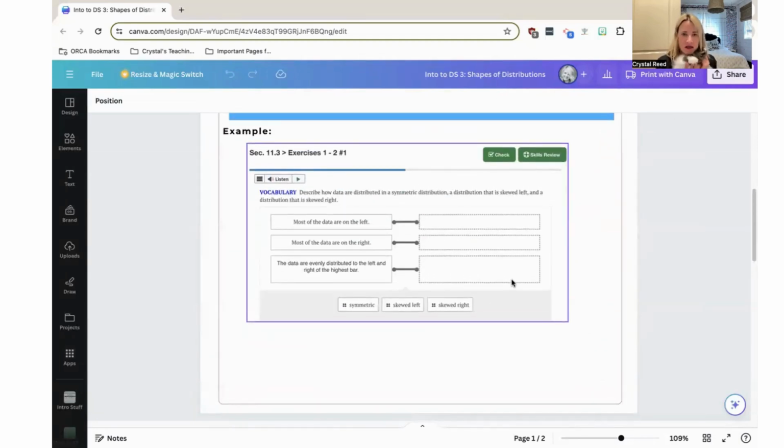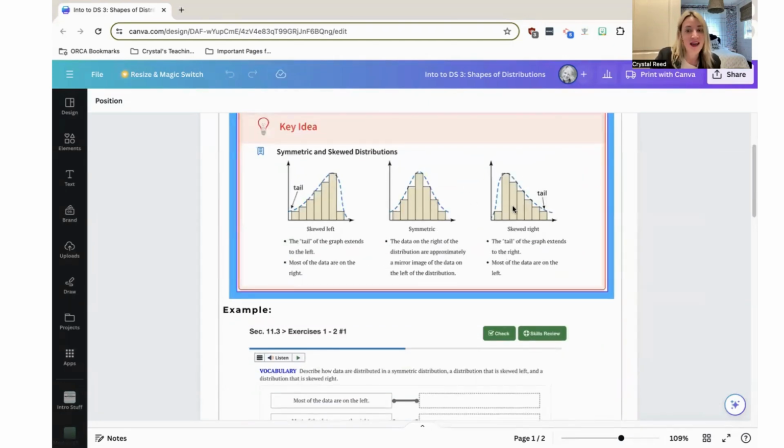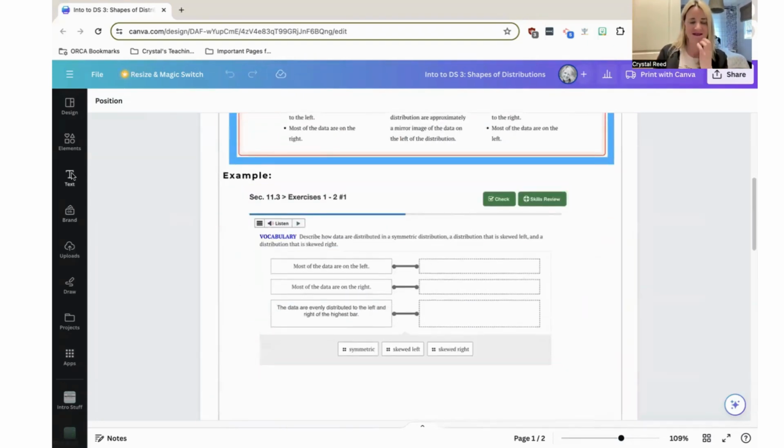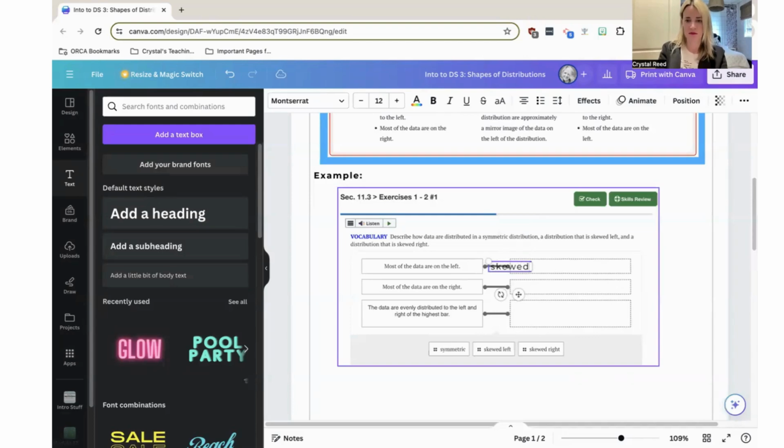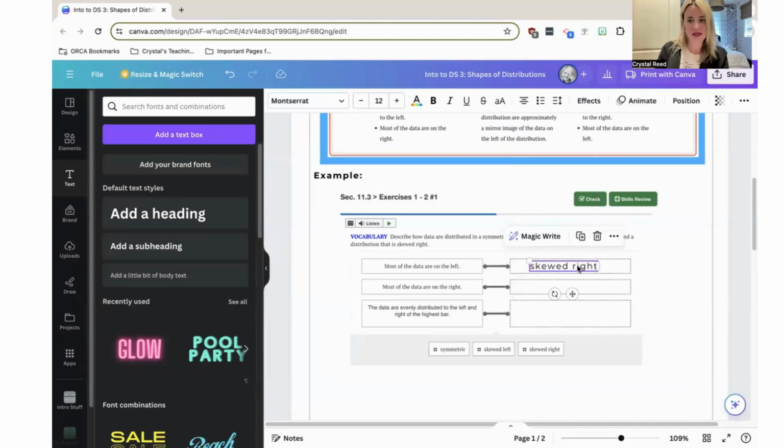Describe how the data are distributed in a symmetric distribution, skewed left and skewed right. Obviously, we just went over that. Most of the data are on the left. So if most of the data is on the left, it's kind of opposite, it's going to be skewed right. So I'll type that in. Skewed right. And most of the data is on the right. That means it's skewed left.